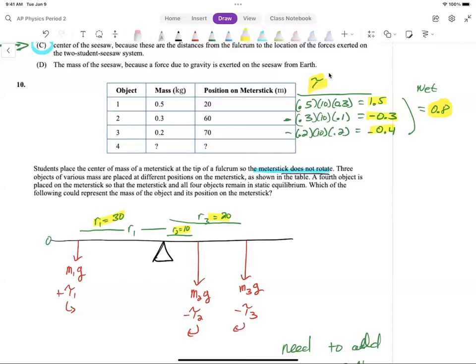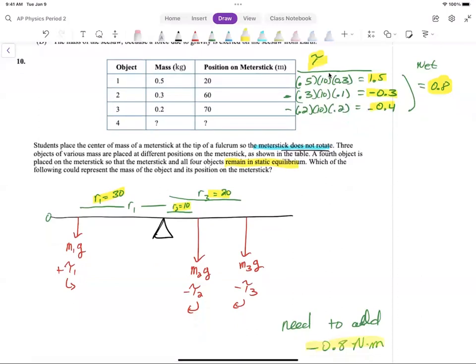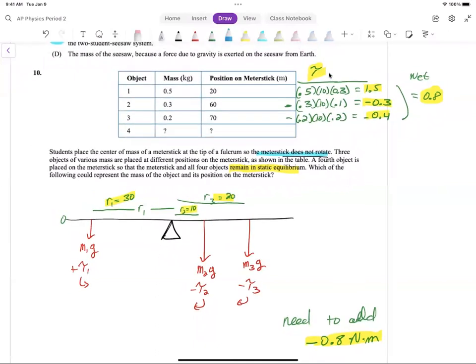If I want this thing to remain in static equilibrium, I need to add another mass somewhere such that it creates a negative 0.8. Okay, in order to create a negative 0.8, I have to be to the right of the fulcrum, because everything to the right causes it to rotate in a clockwise direction. Just because there's 2 on the right doesn't mean you have to have 2 on the left.